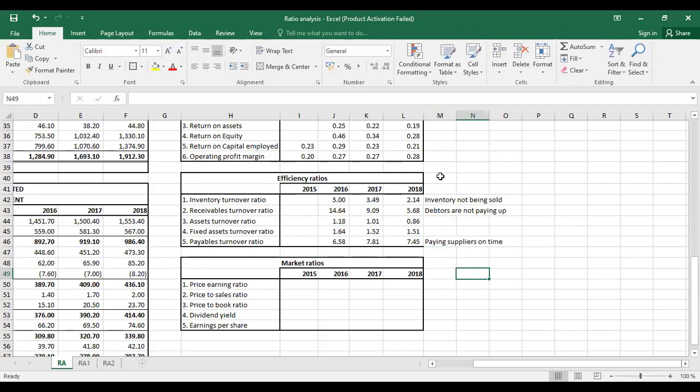So generally, you can see that our efficiency ratio shows that our company is not really efficient as it is going, because for payables, they are increasing. Here it reduced a little bit, but it was from 6.58. So it means we are paying our suppliers on time.